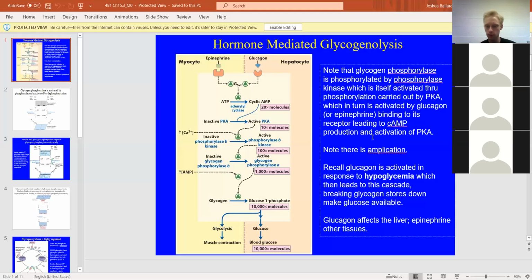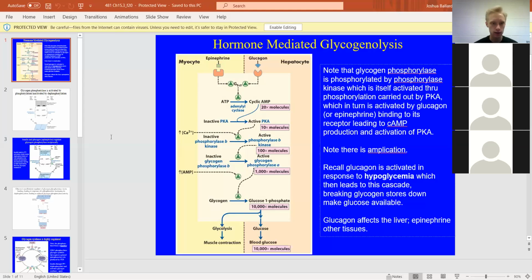So can you say one more time, what is it that actually inactivates glycogen phosphorylase? Yeah, dephosphorylation. Removing a phosphate group from glycogen phosphorylase inactivates it. So we just have PKA.